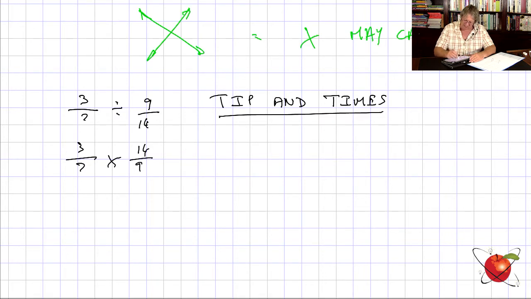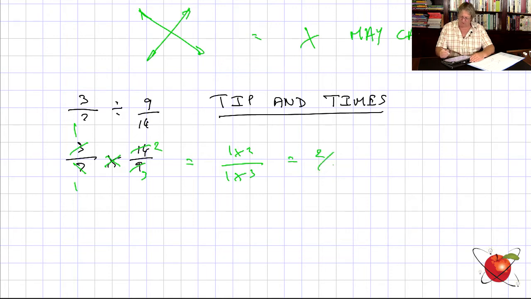Now we can cross-cancel. Permission given. There's our cross: 3, 1, 3; 7 once, 2. My answer is 1 times 2 over 1 times 3, which is 2 over 3. Straightforward, easy.